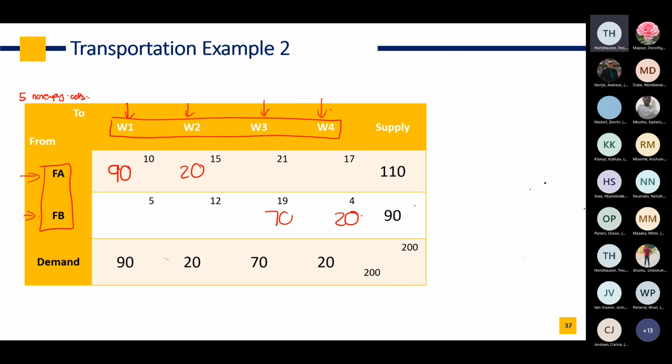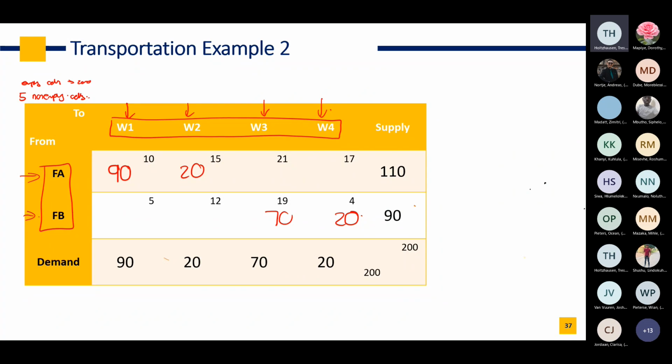But when this happens, where you have 4 instead of 5, you can't use Modi's method yet, because you have to have 5 non-empty cells. But you can use the information that you had before, which is that the empty ones are equal to 0. So remember, the empty ones are 0.